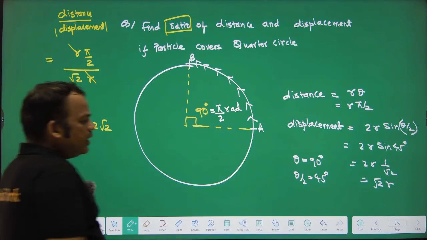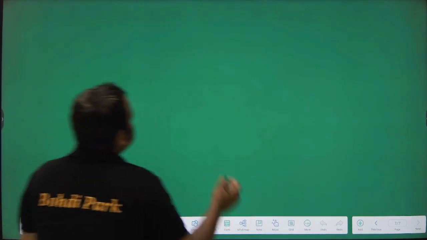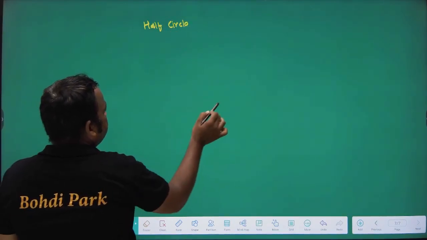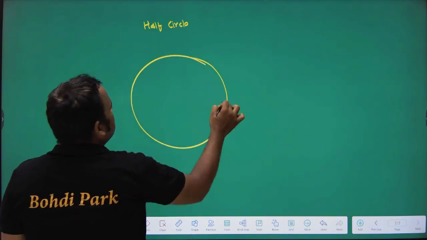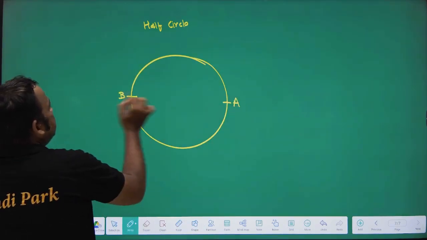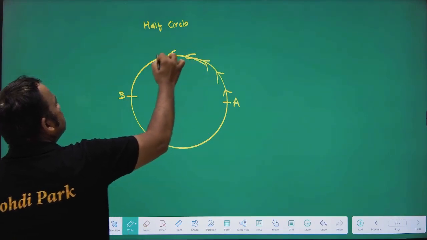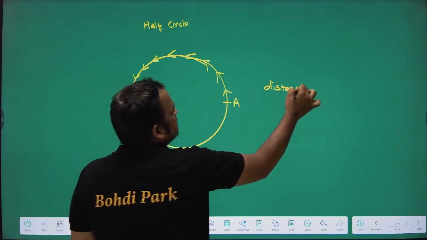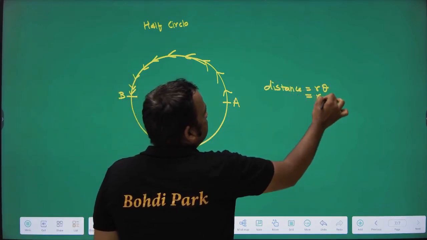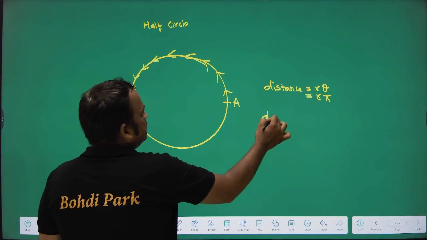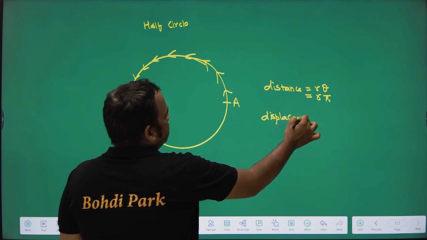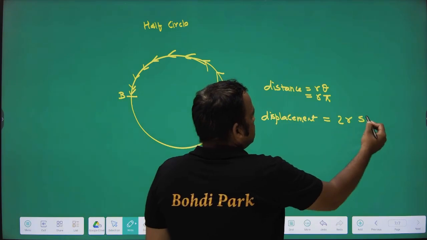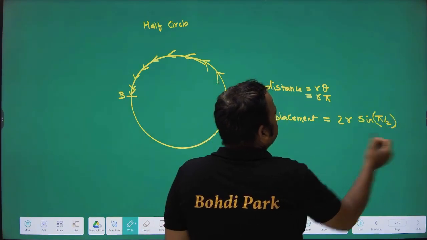If it is going from A to B covering a half circle, in this case distance will be r theta, where theta is pi radian, and displacement will be 2r sine pi by 2, that is theta by 2.